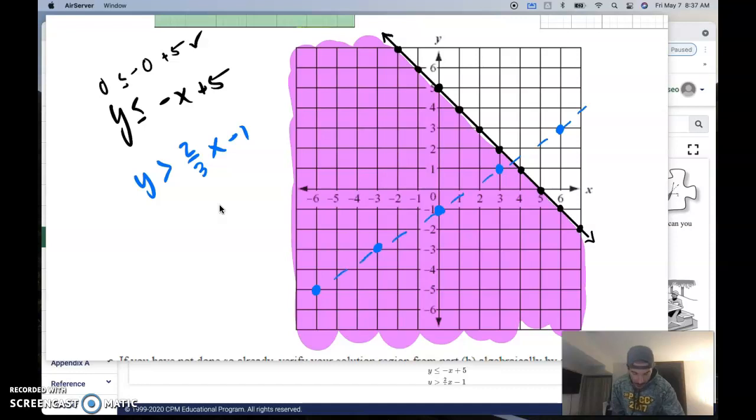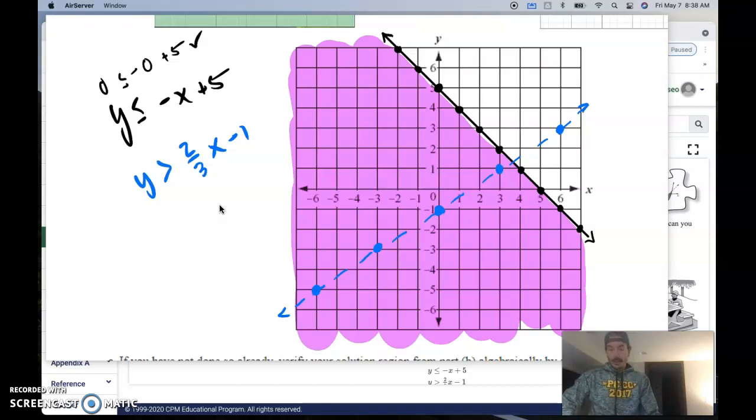The reason, maybe you know already, that I'm going to use a dashed line here is because this is a greater than inequality. So check this out. Here's what I like to do after I've graphed my second inequality in a system.